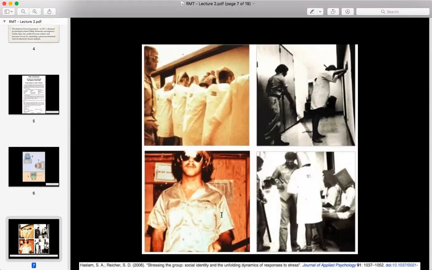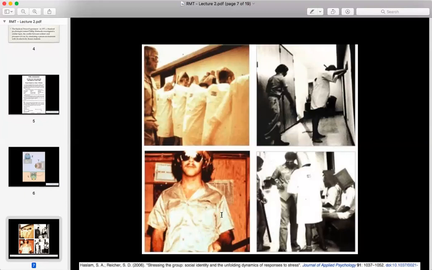It quickly descended within days to totally beyond what the leader of the experiment thought it was going to be. The guards were doing pretty heinous things. They were beating the prisoners. At one point they were forcing some of the prisoners to go to the bathroom inside buckets, and wouldn't allow them access to toilets. They really dehumanized the prisoners immediately.